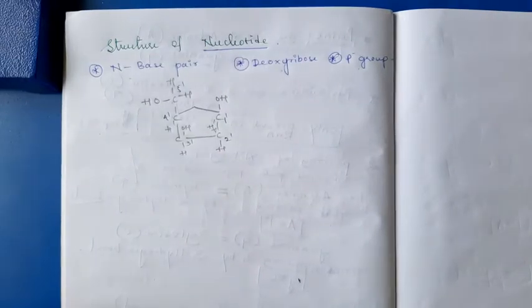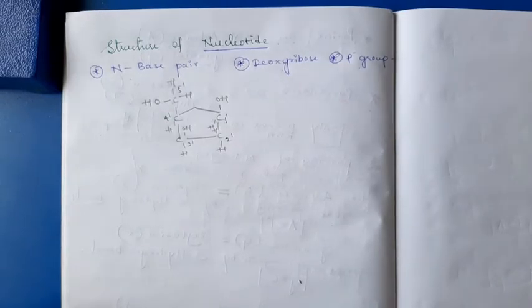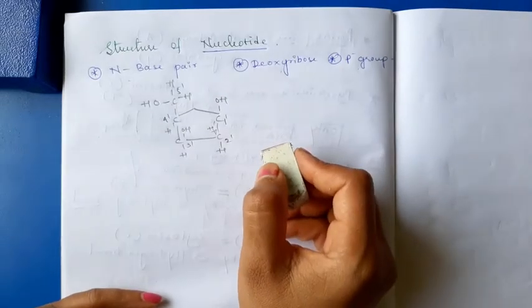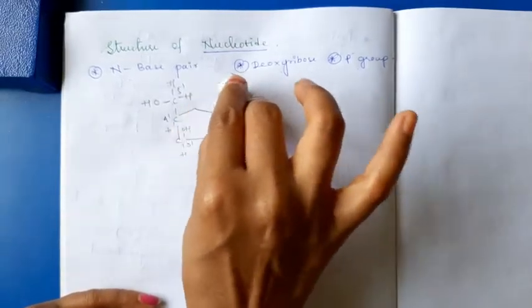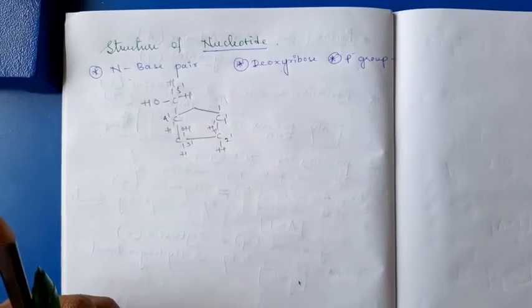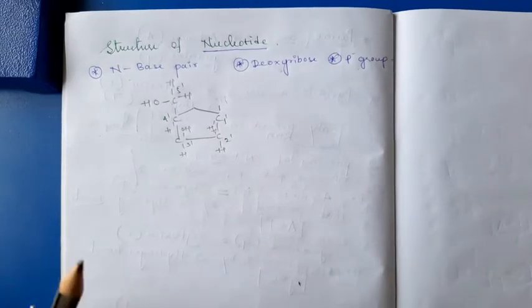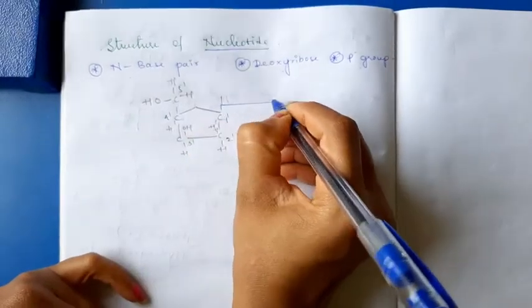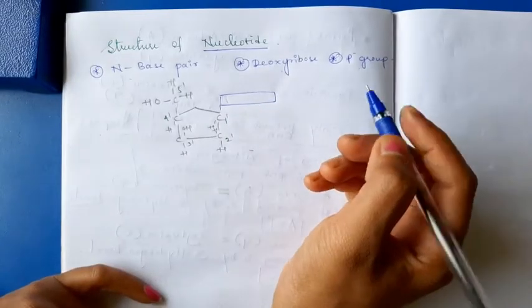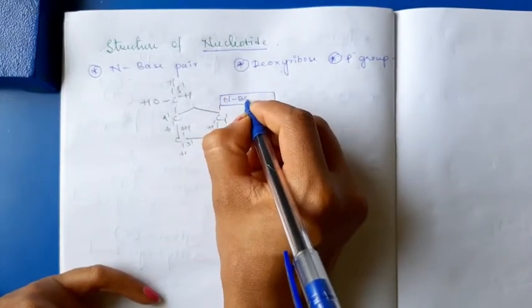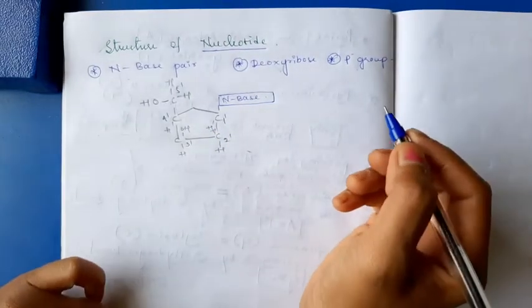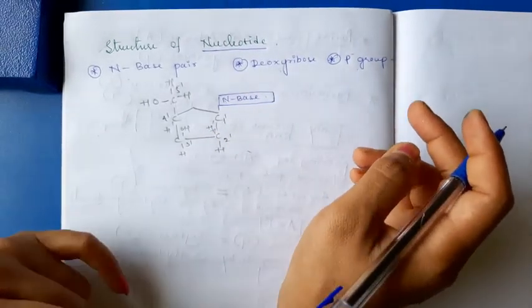Okay. Here I told that nucleotide is formed by the binding of nitrogen base pair, pentose sugar, that is deoxyribose, and phosphate group. The nitrogen base pair always binds with the first carbon atom of the deoxyribose. It may be adenine, thymine, guanine, cytosine, any one nitrogen base.